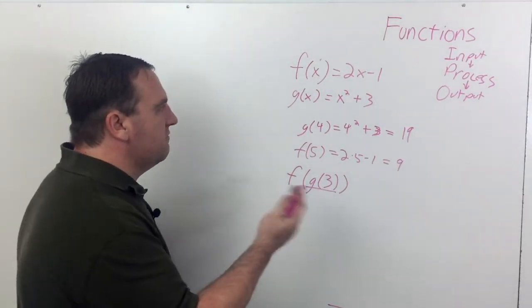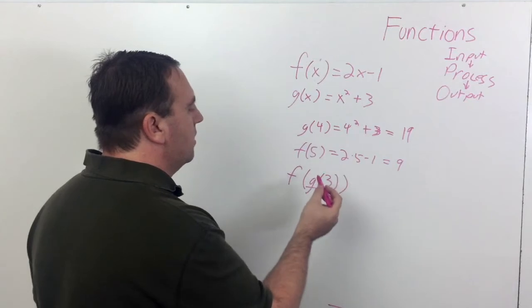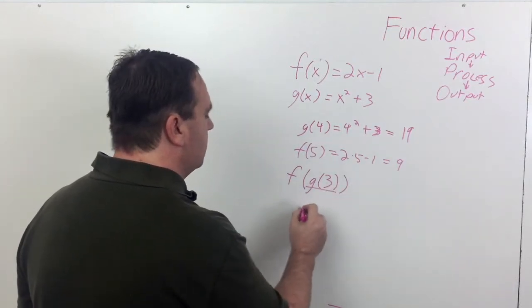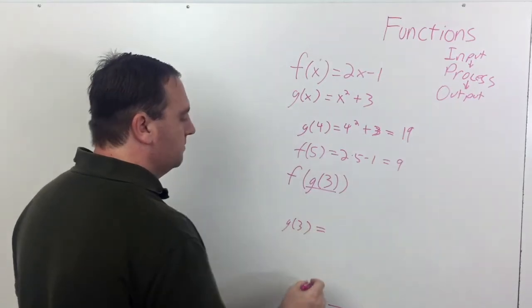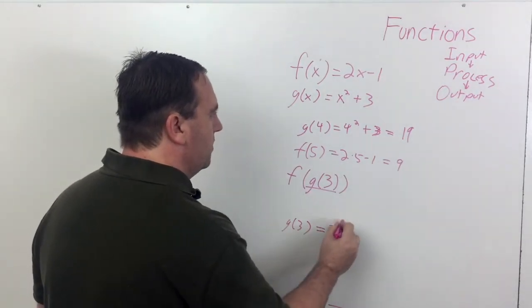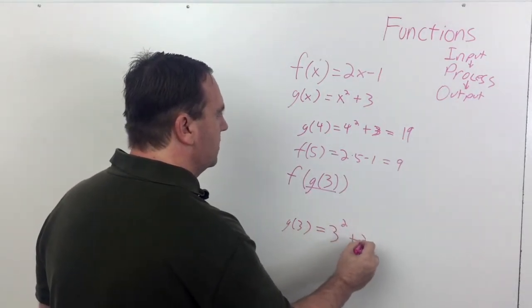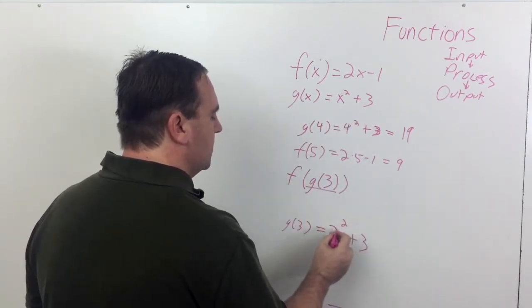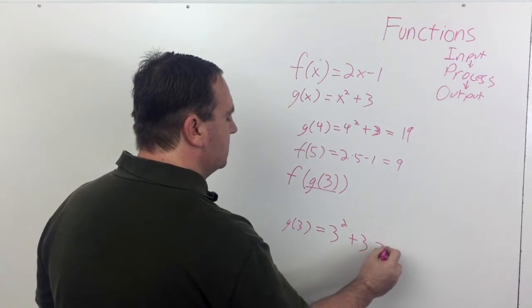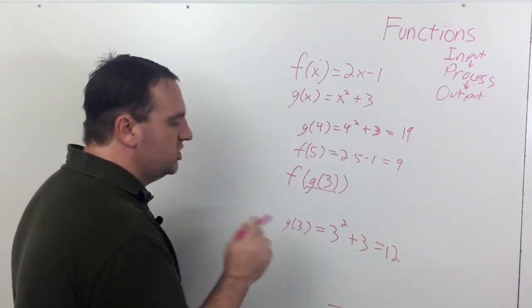So what is g of 3? Well, g of 3 is going to give us 3 squared plus 3. That's this machine applied to the number 3. So that's going to give us 9 plus 3. It's going to give us 12. Okay, so g of 3 is 12.